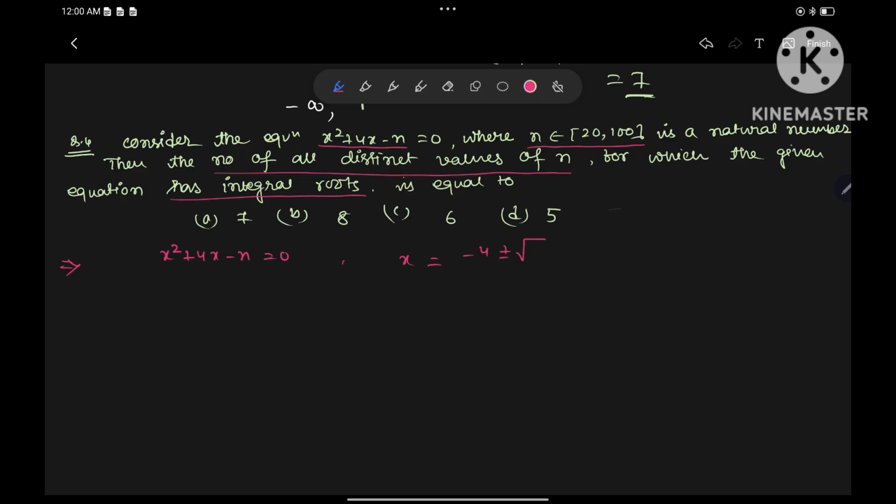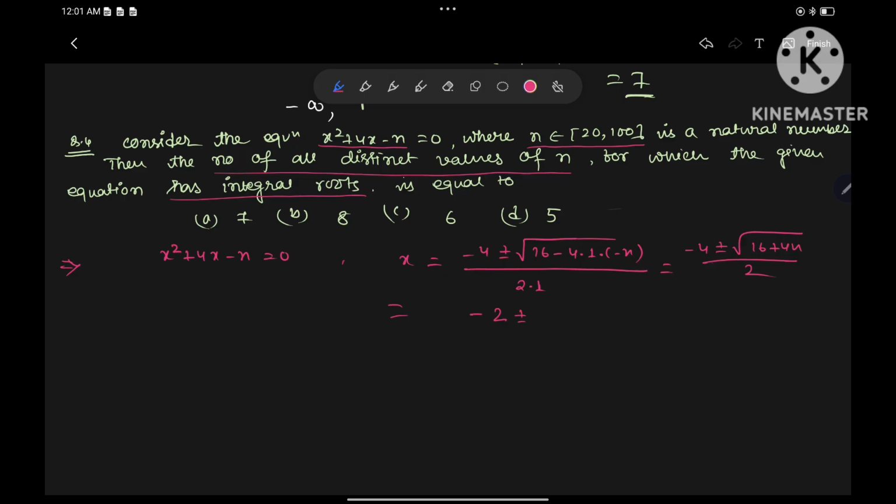Minus 4 plus minus root over b square minus 4ac, by 2a. b square means 16 minus 4 into a is 1 and c is minus n, by 2 into 1. So that equals minus 4 plus minus root over 16 plus 4n, by 2. So that will be minus 2 plus minus.